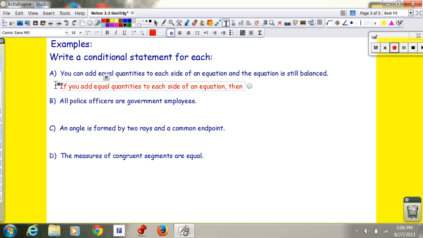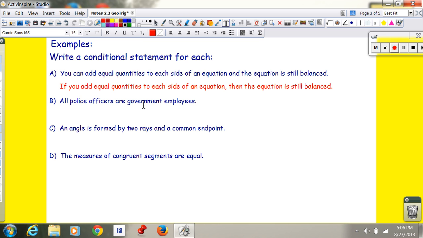Then the equation is still balanced. So if you add equal quantities to each side, then the equation is still balanced. The statement here was you can add equal quantities. They're telling you a fact. You can change that fact to a conditional statement, to an if-then statement. If you add equal quantities to each side, then it will be balanced.